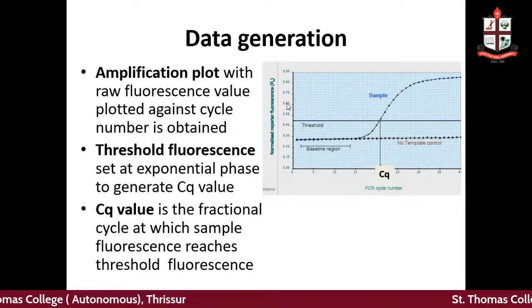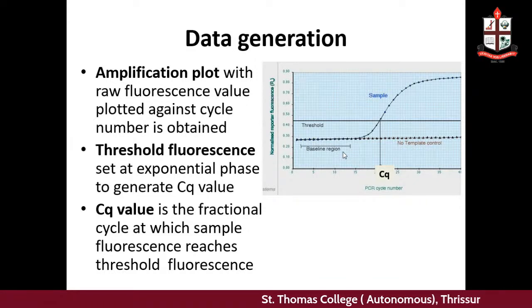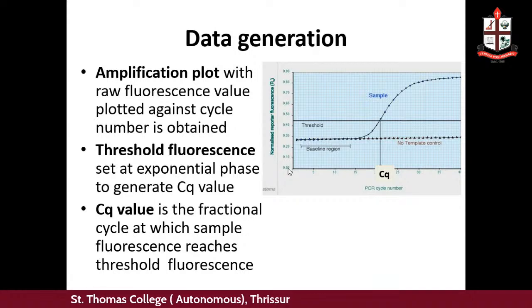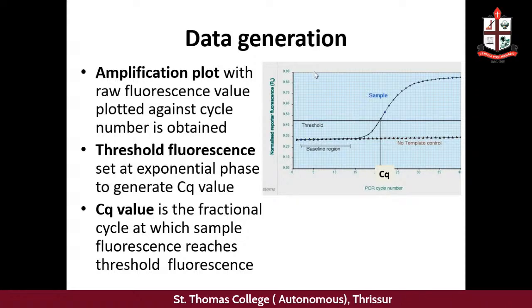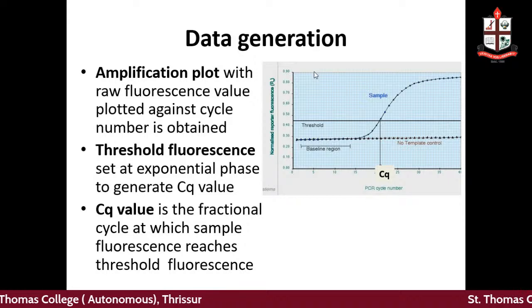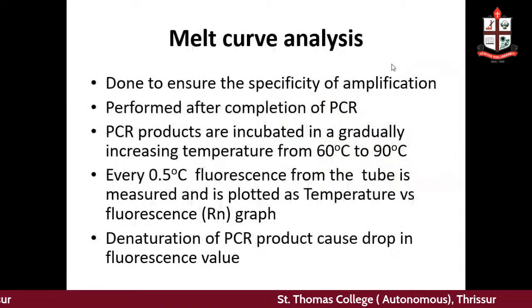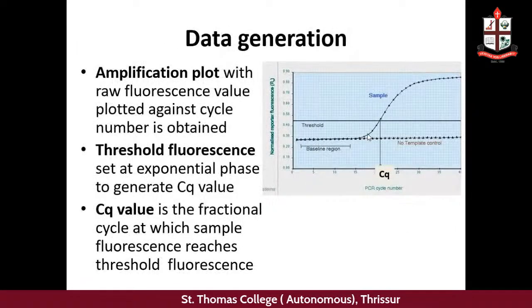And here, the basic data that we use to compare different samples is known as the Cq value. As I said earlier, if we do any quantitative analysis with PCR, such as gene expression analysis, it's important to compare the samples at the exponential phase. In real-time PCR, we do just that.